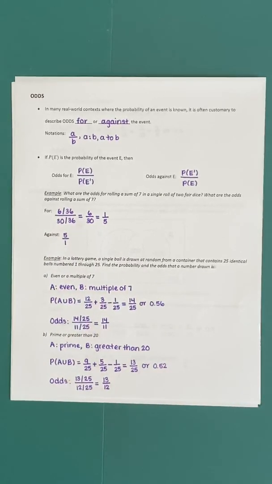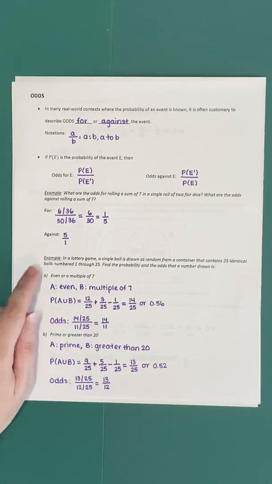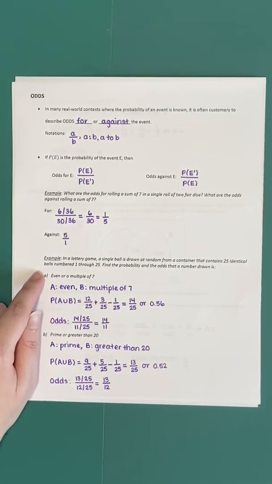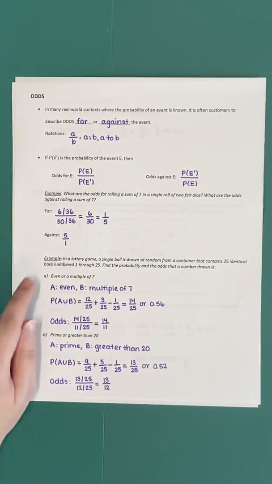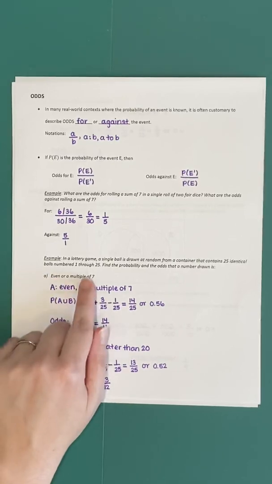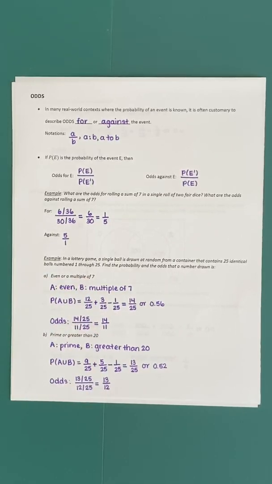Now let's look at another example. In a lottery game, a single ball is drawn at random from a container that contains 25 identical balls numbered 1 through 25. Find the probability and the odds that a number drawn is something like the following. Possibility number 1, find the probability and the odds that a number drawn is even or a multiple of 7.